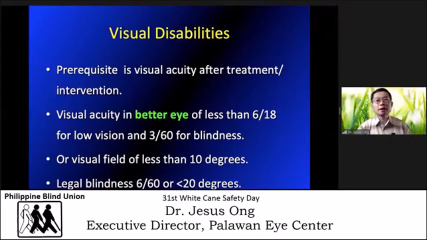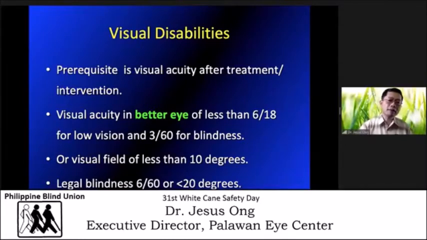Now, darating tayo sa visual disabilities now, no? Number 1, ang prerequisite ay visual acuity after treatment or intervention. So, ulitin ko, no? Importante na after treatment or intervention. Anong treatment? Pwedeng eyeglasses lang o pwedeng operasyon. So, depende na sa anong klaseng sakit meron ng pasyente. No? So, importante na may intervention or treatment.